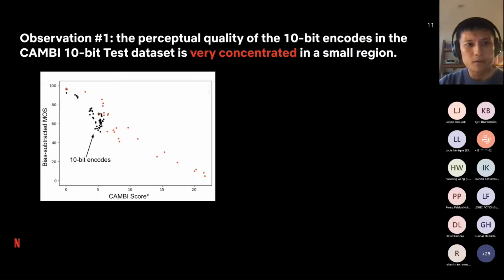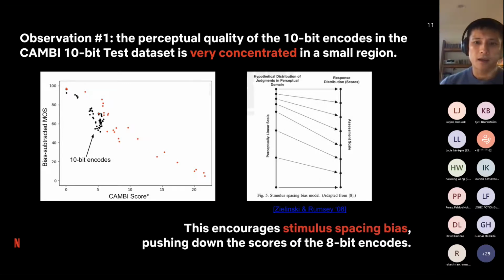So if you compare them and make observations, the first observation is the following, right? The perceptual quality of the 10-bit encodes in the Canby 10-bit test data is very concentrated in a small region. And from what we know, this encourages stimulus spacing bias.